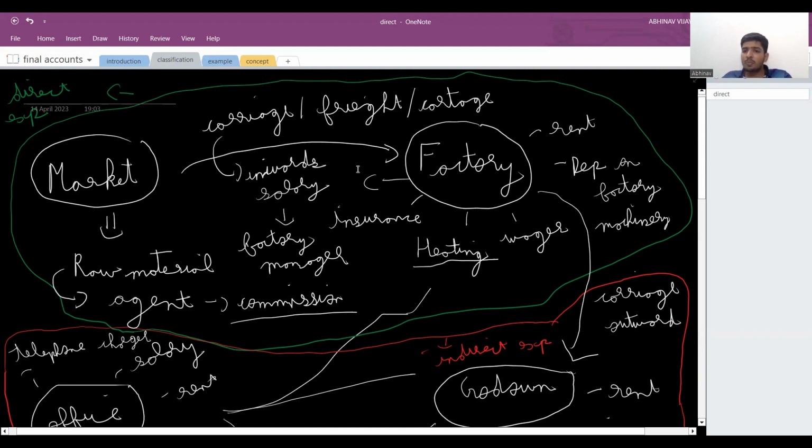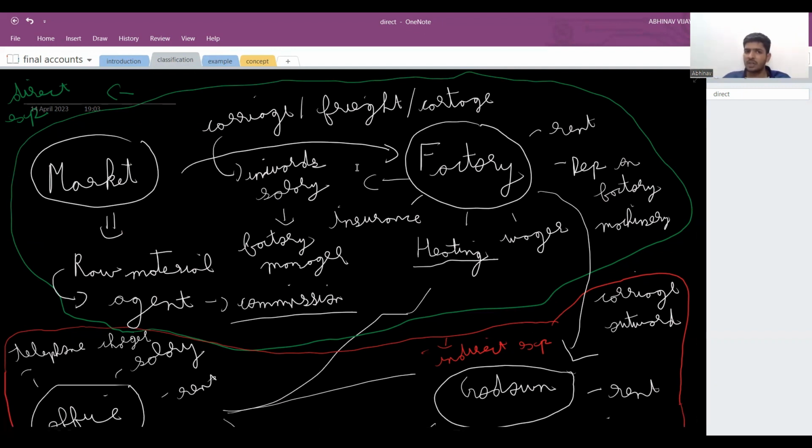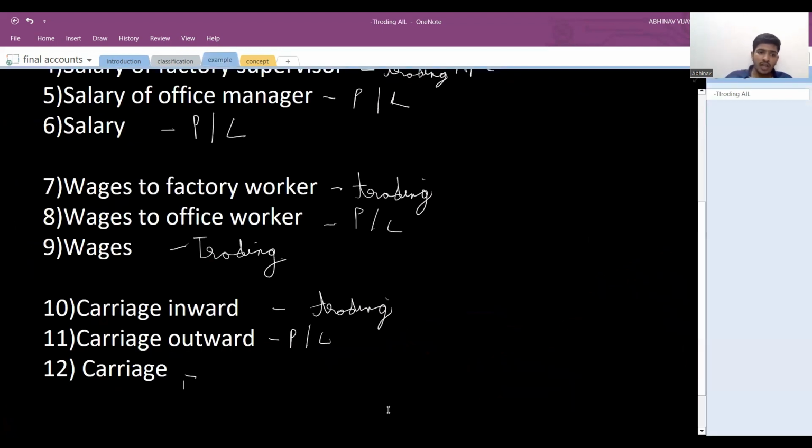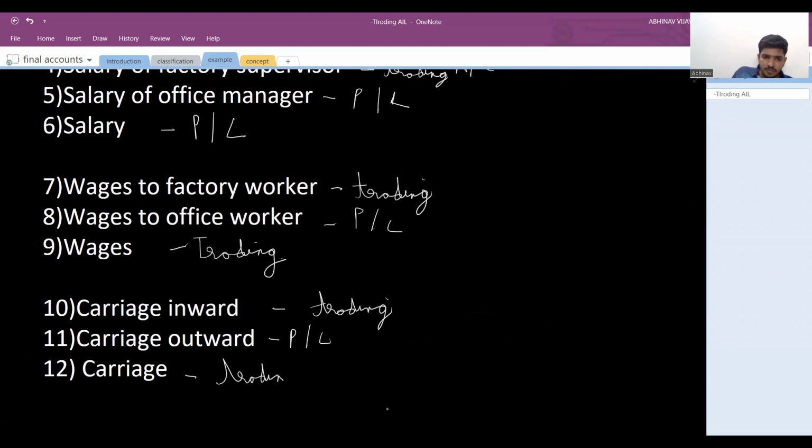The carriage you need to pay is humongous because you need to bring raw materials from that place into your factory. But from factory to your godown, it's a normal transportation we do every day, so it's very low cost compared to carriage inwards. So you always assume carriage is carriage inwards. So it is trading. Correct? This is the basic concept.